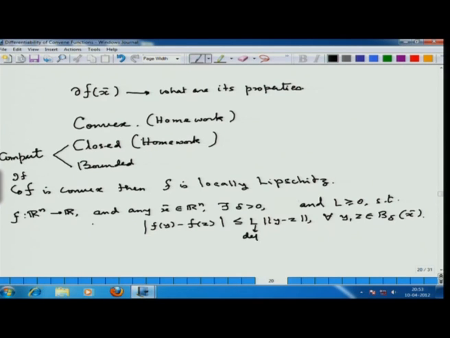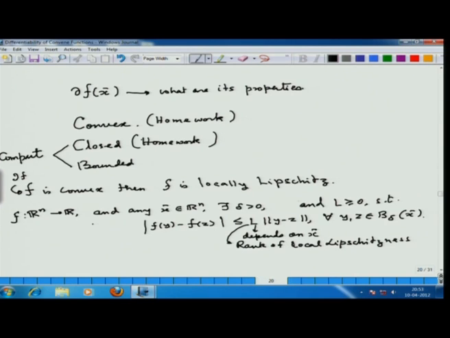If you choose a different x bar, then this L will change. This is called the rank of local Lipschitzness, or local Lipschitzian rank, whatever you want to call it.